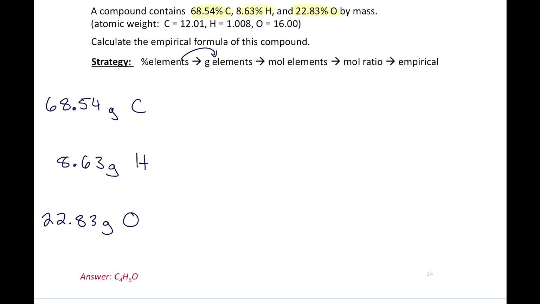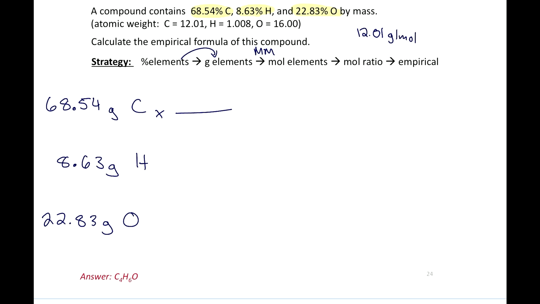The next step, we want to use the molar masses of the respective elements and convert those gram amounts into mole amounts for each of those elements. So pull out your periodic table and notice that carbon has a molar mass of 12.01 grams per mole.